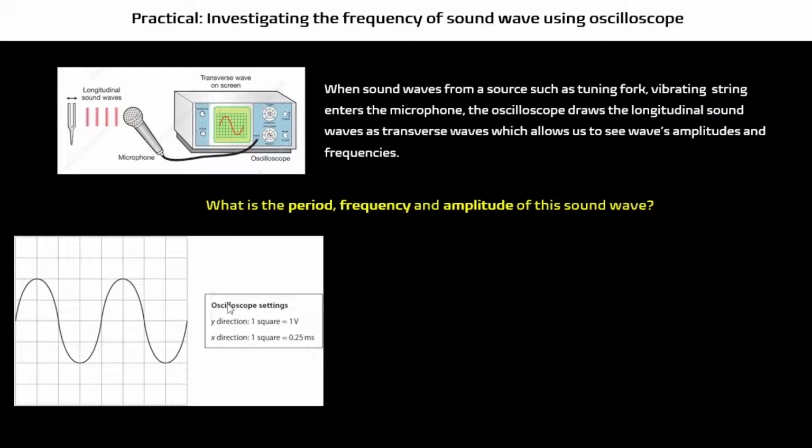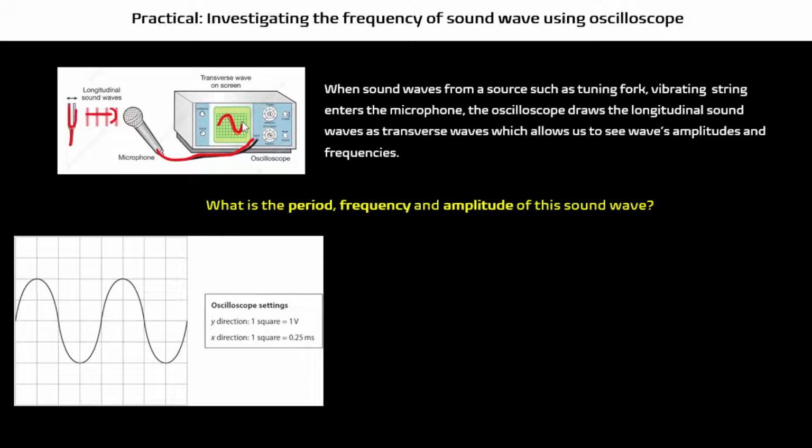Now, this is a practical investigation for investigating the frequency of a sound wave using a device called an oscilloscope. This is very simple, as a matter of fact. When sound waves from a source, such as your tuning fork or your guitar strings, enter the microphone, the microphone transmits data into your oscilloscope, which we can see as transverse waves.